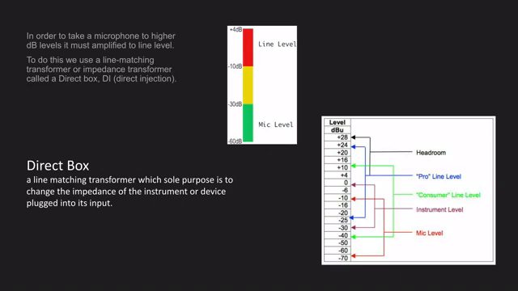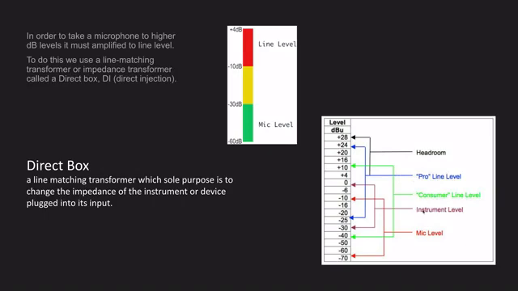So, common example, take your acoustic guitar, you want to play through a PA. The acoustic guitar, plug it right into the mixer. The mixer is expecting a microphone level, and it needs to get to line level. So line level's up here.